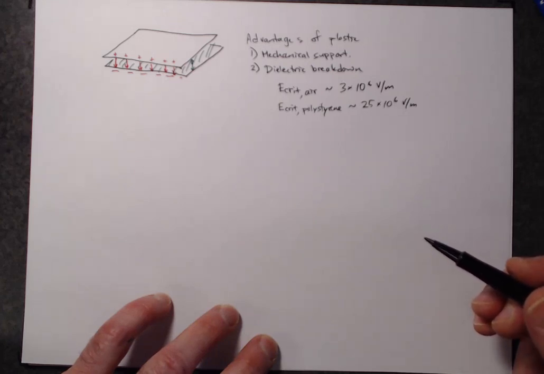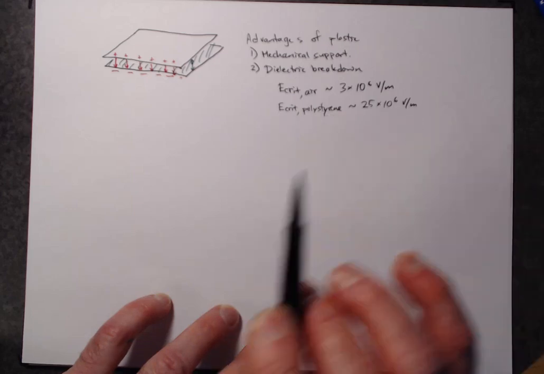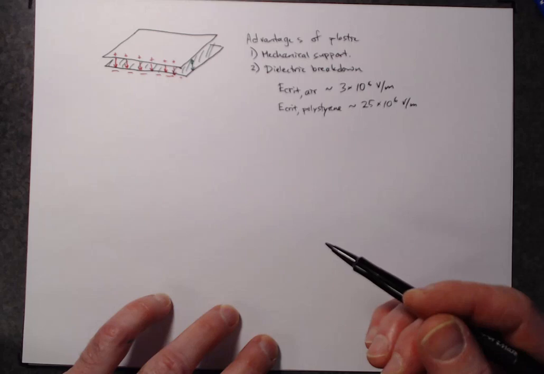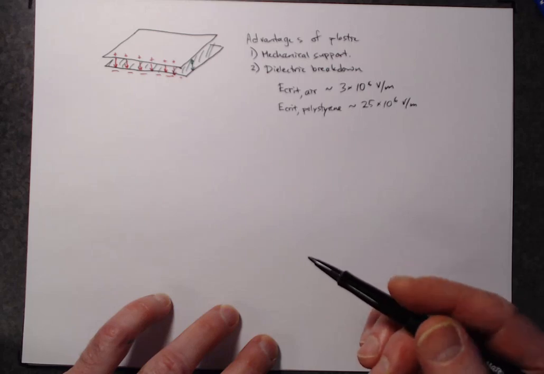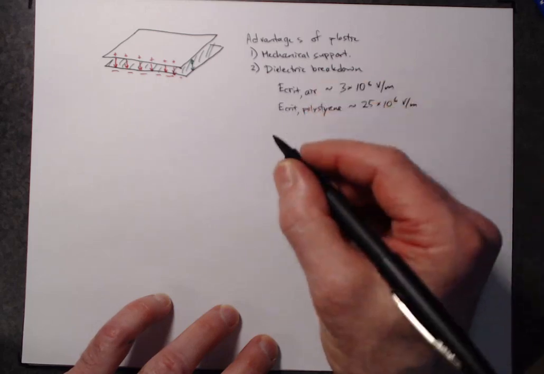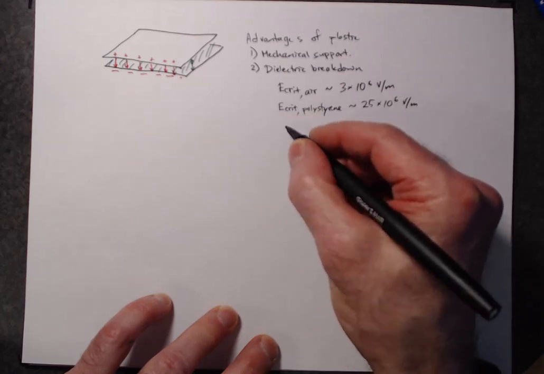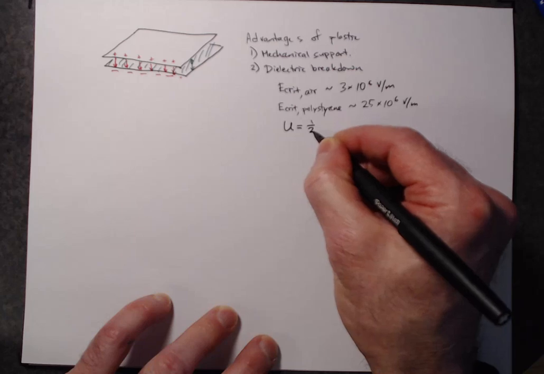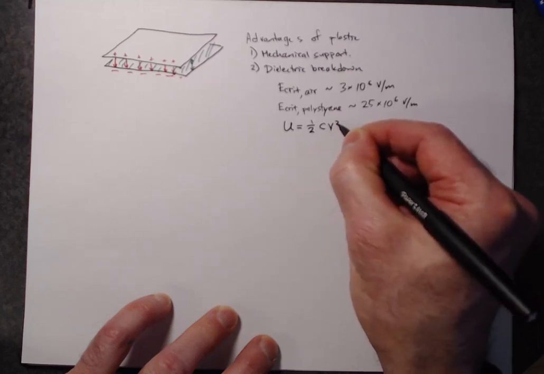Now, that's advantageous to have this higher critical field, because when we are using capacitors, often we want to be able to store a lot of energy in them. And as shown in a previous lecture, the potential energy that's stored in the capacitor is 1/2 CV².